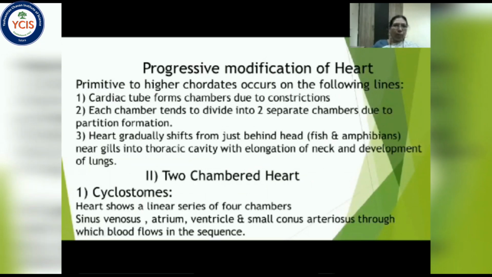Then progressive modification of the heart, from primitive to higher chordates, occurs on the following lines. First, the cardiac tube forms chambers due to constrictions. Second, each chamber tends to divide into two separate chambers due to partition formation.